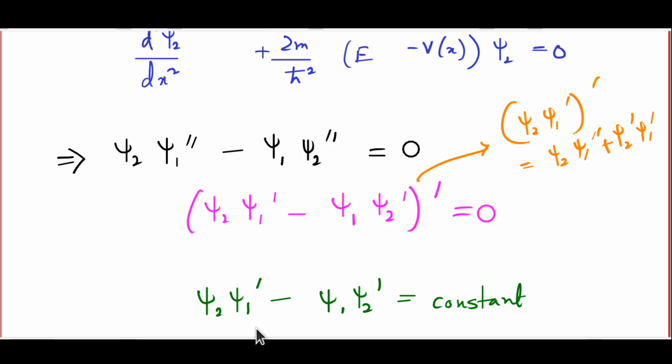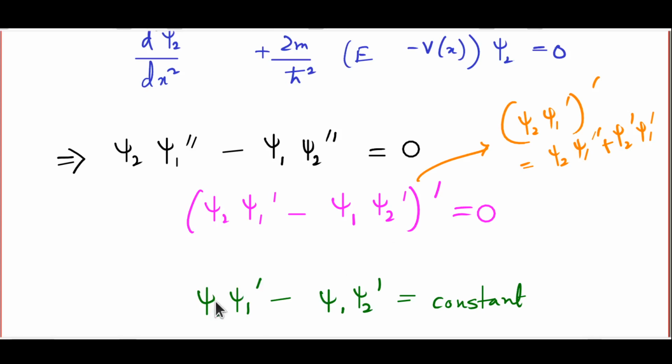But what is important here is that if we are dealing specifically with bound states, the wave functions have to vanish at infinity, which means that if you go very, very far away, psi2 and psi1 both vanish. In fact, so do their derivatives, of course, because otherwise you will not get a vanishing psi2 psi1 at infinity.